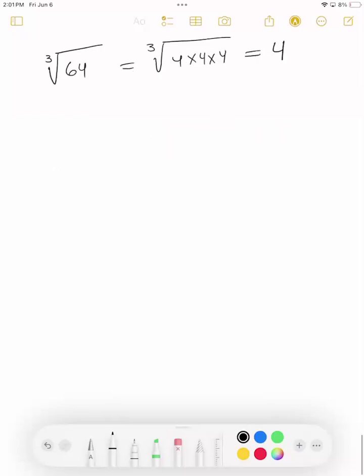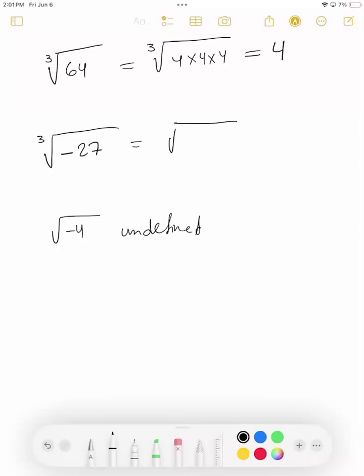What if I have a negative number, such as negative 27? Is that possible? Because remember we said this is undefined. But is that also undefined? The second root is undefined, but if it's a third root, it's not undefined. This is negative 3 times negative 3 times negative 3.